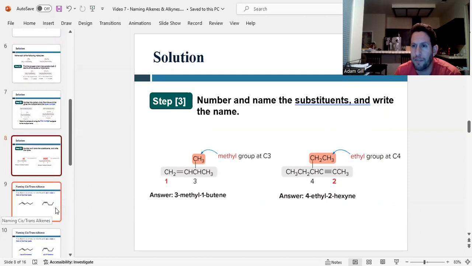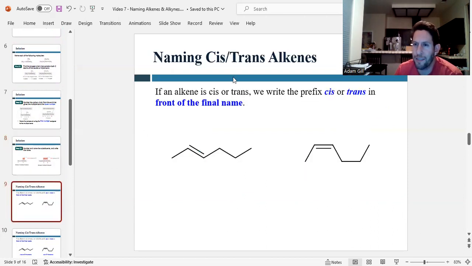Now, in the previous video, we learned about cis-trans isomers. And so when we're naming these, we use the prefix cis or trans, and we throw that all the way at the front of the molecule. So let's name these. Now this one has 1, 2, 3, 4, 5, 6 carbons.